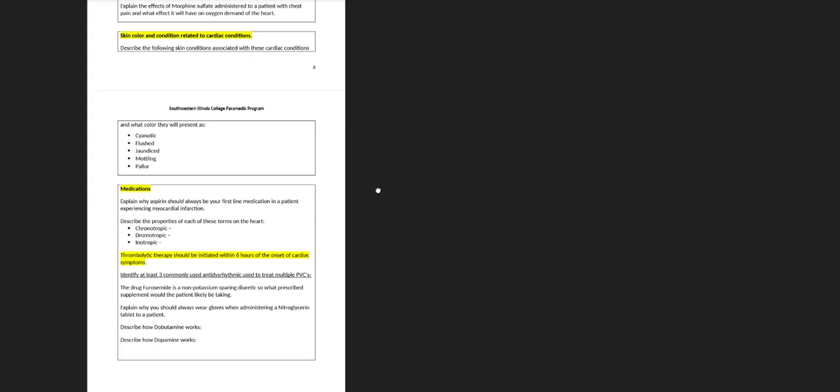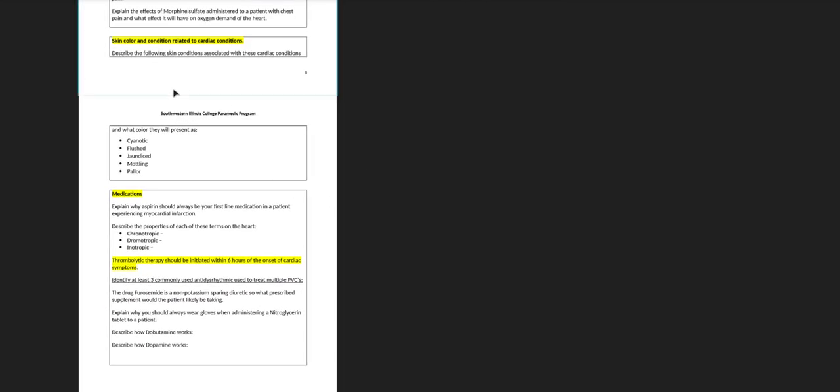Okay, final page. Describe the following skin conditions associated with these cardiac conditions and what color they will present as: cyanotic, flush, jaundice, mottling, and pallor. So I'm not super sure what this question is asking. Is it if we're just describing what these words mean?